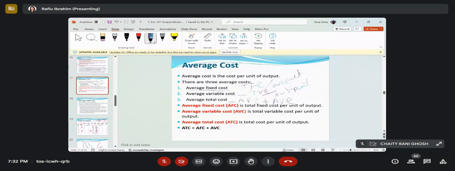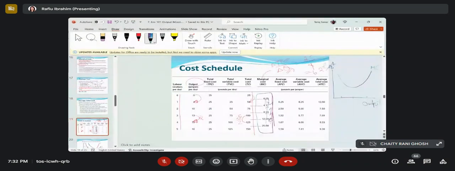Let's see a numerical example. So here on this table again, we can see the average fixed cost in the seventh column. Okay, fixed cost কোথায় ছিল আমাদের? This is the fixed cost. Okay, total fixed cost.